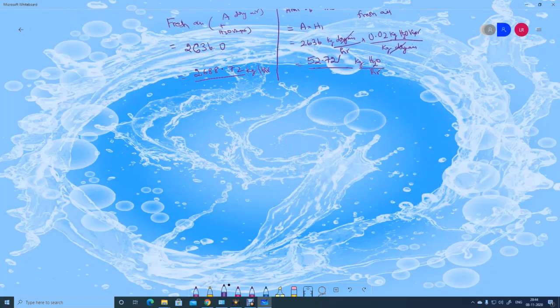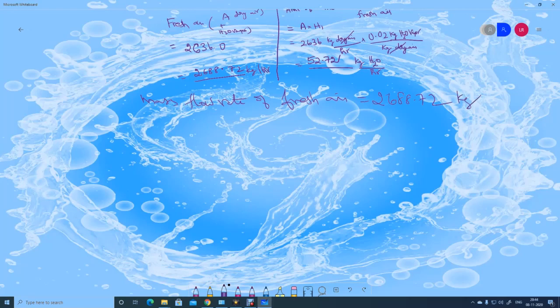So now we have determined the mass flow rate of fresh air. As I said, I am just rounding it off, or you can keep the same value, 2700 or 2688.72 kg.